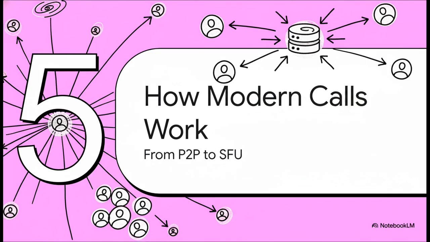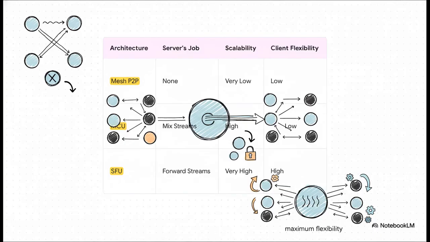So let's bring it all home. We've gone on quite the engineering journey here, right? From a simple direct line between two people, all the way to the powerful, flexible systems that connect millions of us every single day. This table pretty much says it all, doesn't it? The mesh P2P model had no server, but it couldn't scale at all. The MCU could scale, but it was expensive and gave you zero flexibility.